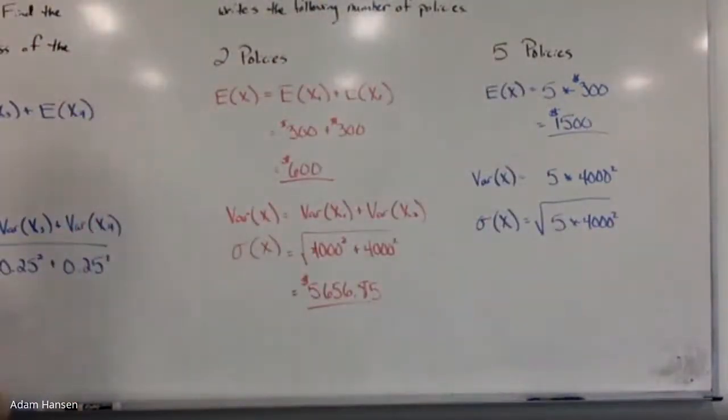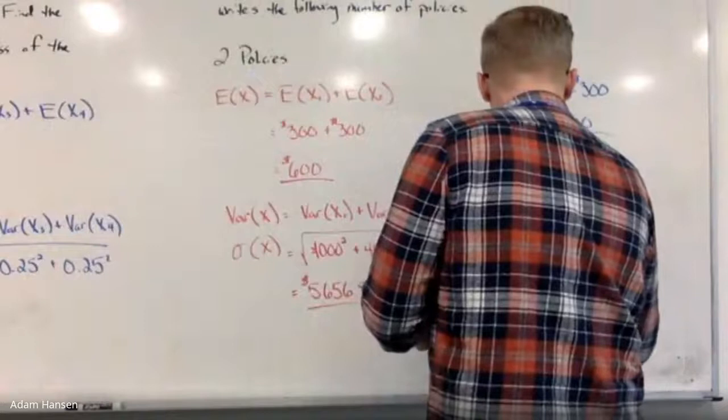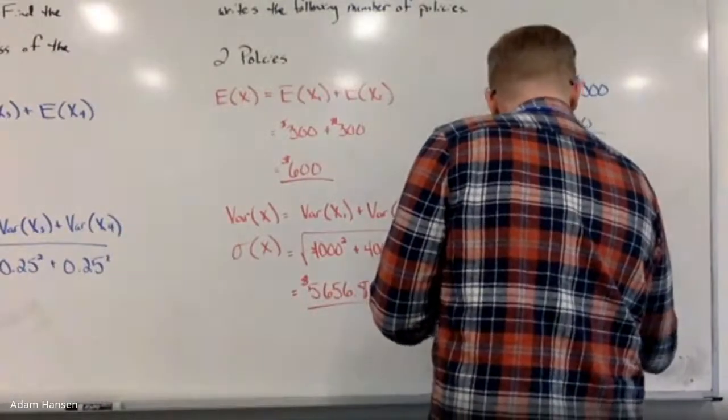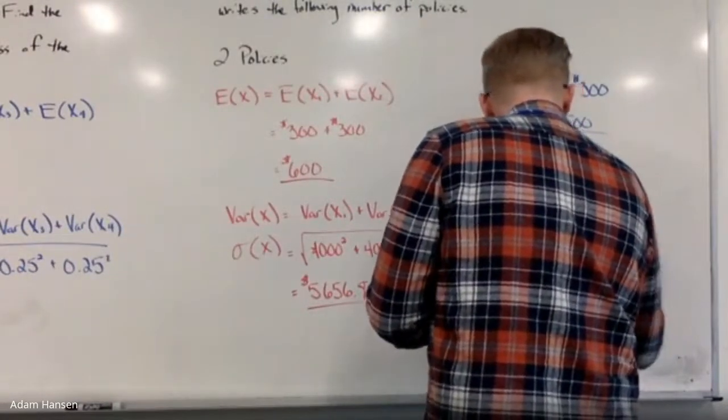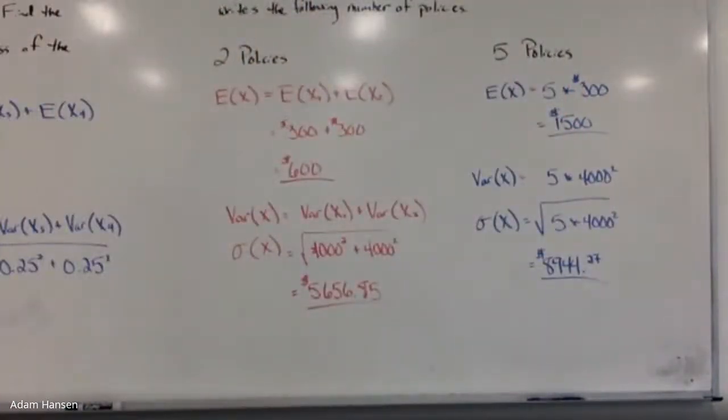In other words, it's 5 times 4,000 squared, square rooted, which is $8,944.27. I'd expect an average profit of $1,500 with a standard deviation of $8,944.27 by writing 5 different policies.